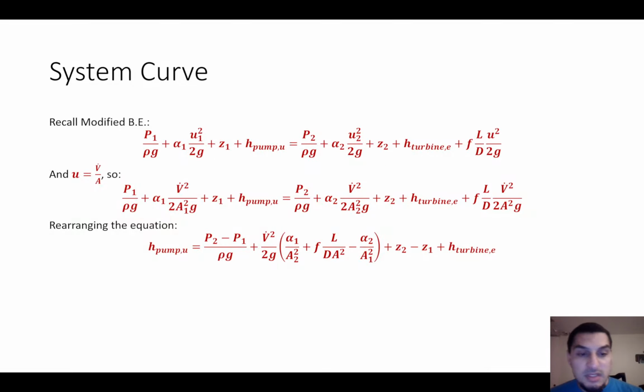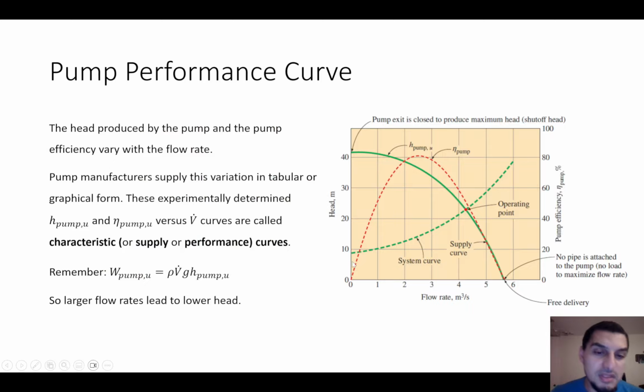This is why in the same graph, as you can see here, this is the system curve: the needed pump head increases as the volumetric flow rate increases. It increases in a parabolic way because it's V dot to the power 2. So this is what we call the system curve. This dashed line represents my needs, and this green solid line represents what the pump can provide.